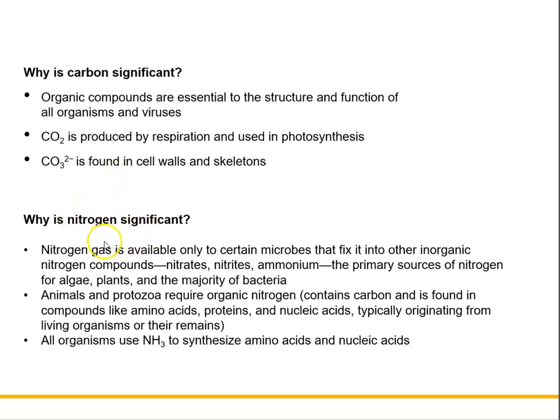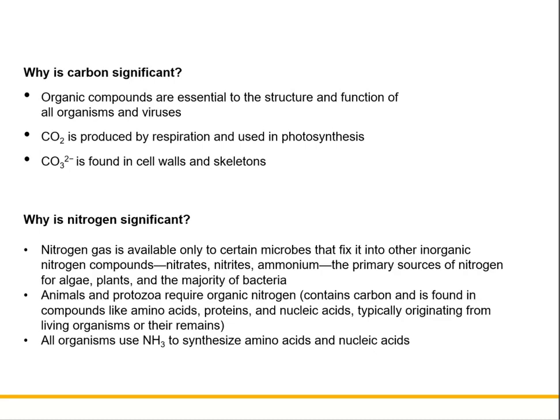Nitrogen, you'll find primarily in the atmosphere, and nitrogen gas is going to be available to microbes that can take it out of the atmosphere and then fix it into other inorganic nitrogen compounds, things like nitrates, nitrites, and ammonium. This is going to be the primary source of nitrogen for algae, plants, and most bacteria.